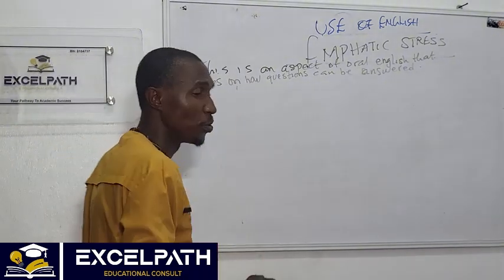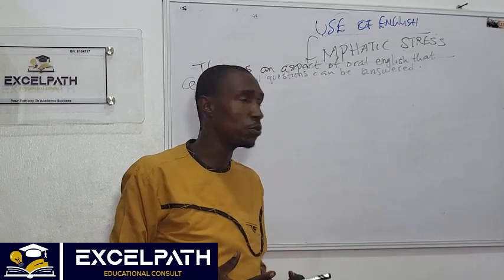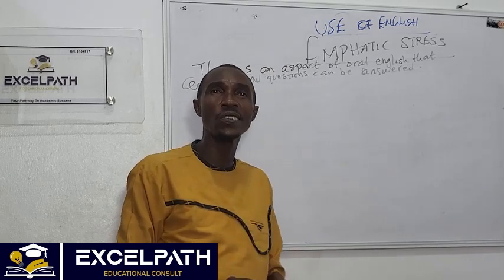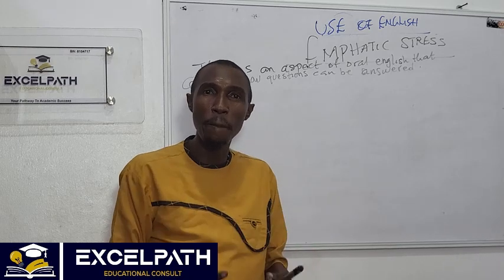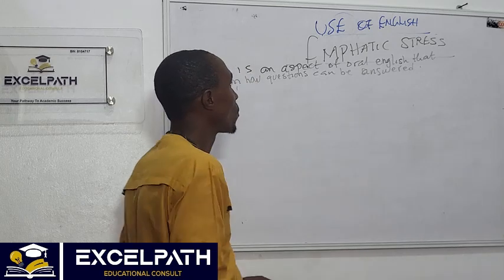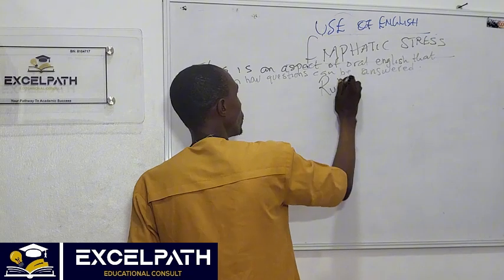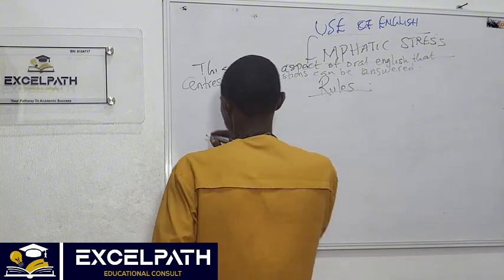Please take note. You still need principles. That's why I told you, JAMB has secrets. If you follow principles, you don't have a problem. What are the principles that you need to follow under emphatic stress? Let's go now. Principles of emphatic stress.